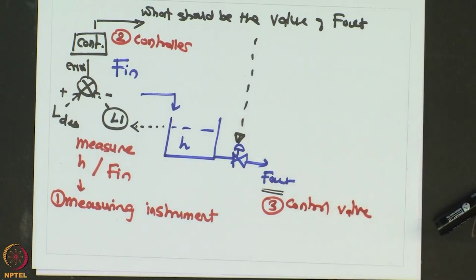So, these three are the elements of the control system. Now, when you talk about the measuring instrument and the control valve, these generally become part of instrumentation, and the controller will become part of the process control. This controller may be a manual controller or it may be an automated controller.